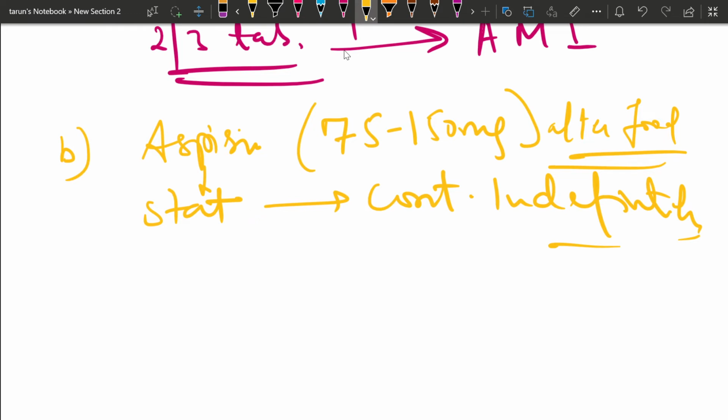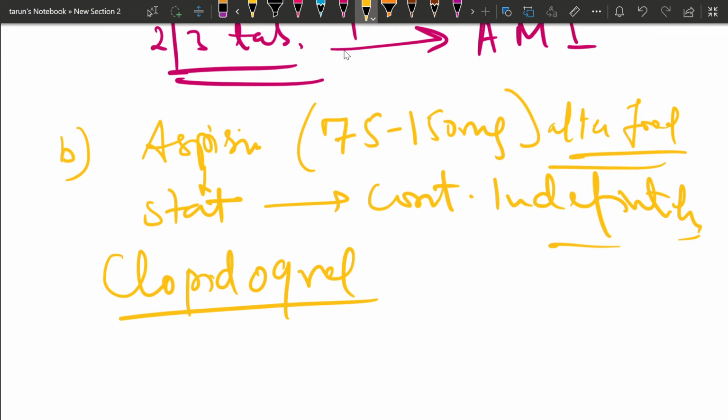Then you can also give clopidogrel. The dose is 75 mg, and it can also be given lifelong.